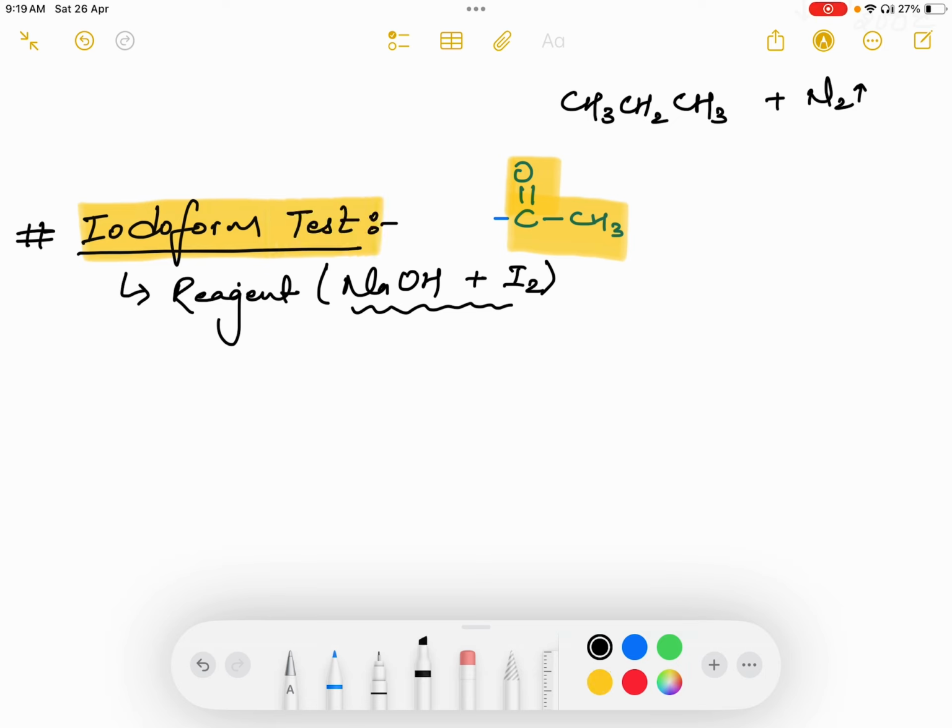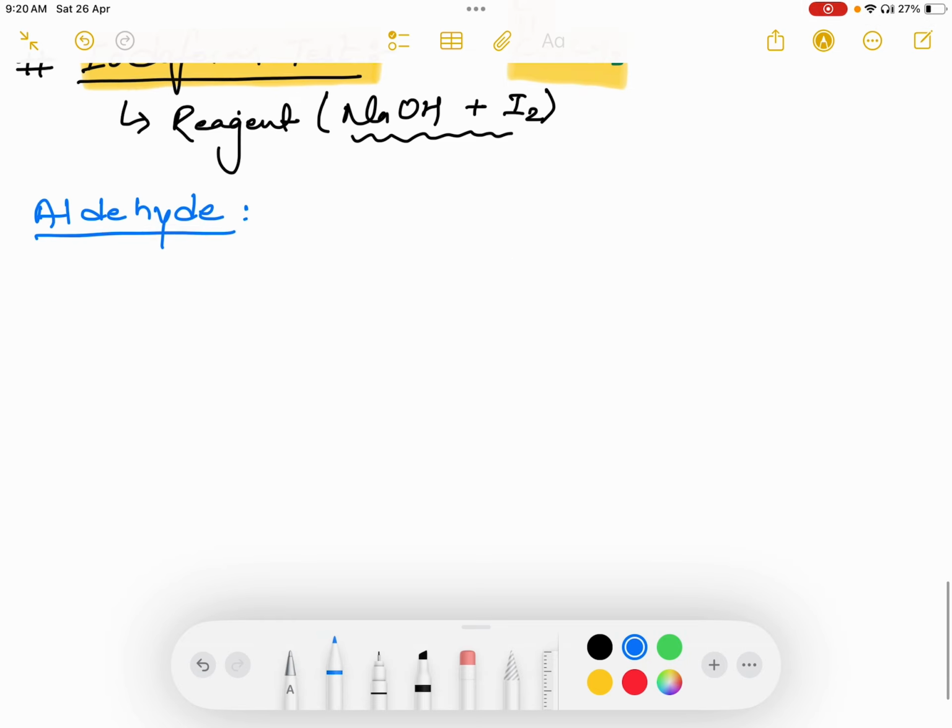So let me take an example of aldehyde. If there is no CH3CO group, then it will give a negative test. Let me explain this with aldehydes. I'm taking two aldehydes. One is benzaldehyde: benzene having a C double bond O H group.